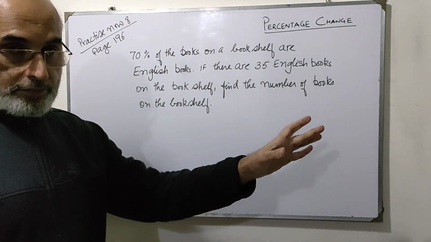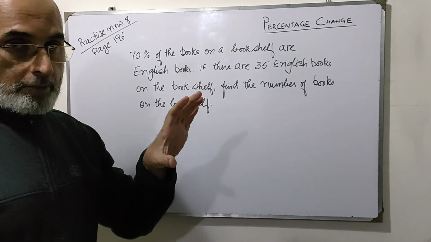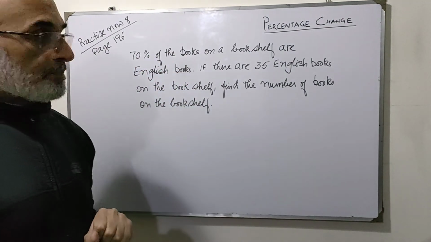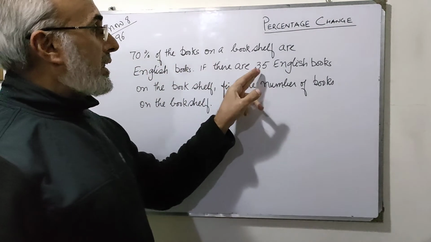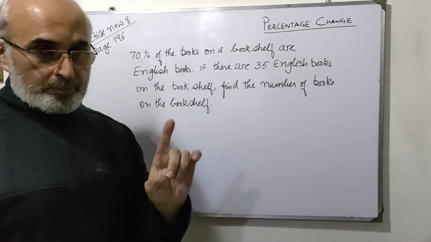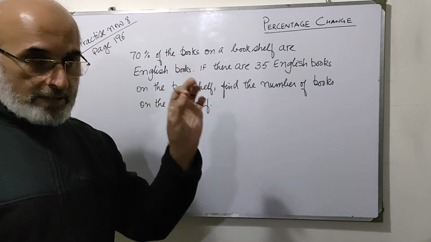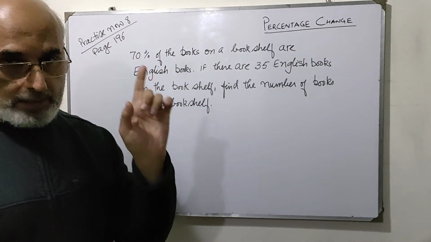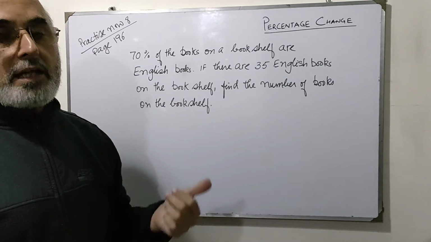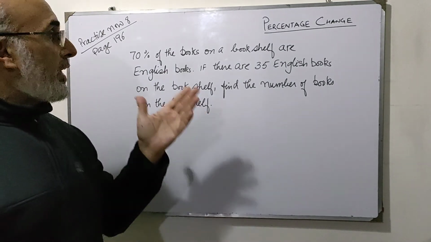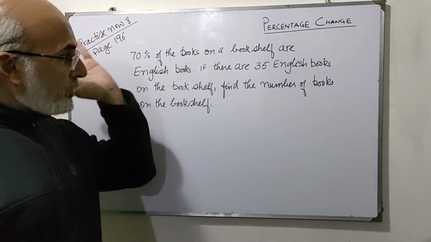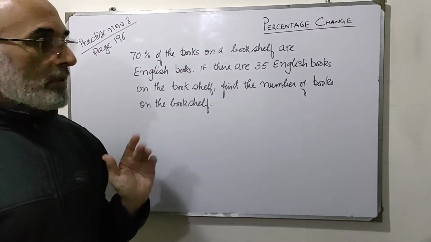There's a bookshelf, and 70% of the books on the bookshelf are in English language. If there are 35 English books on the bookshelf, now this is the second thing. The first thing is that 70% of the books are in English language. The second thing is there are 35 books in English. So it means that 70% of that some number is going to be 35.